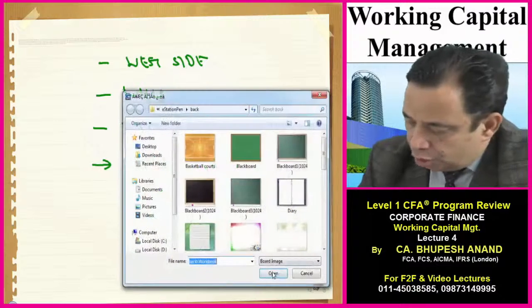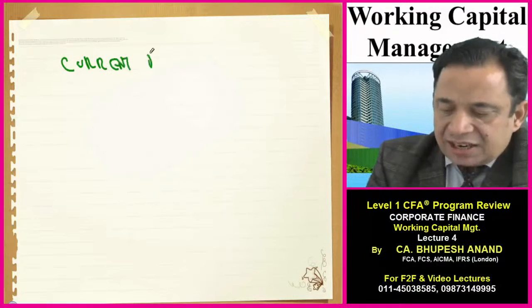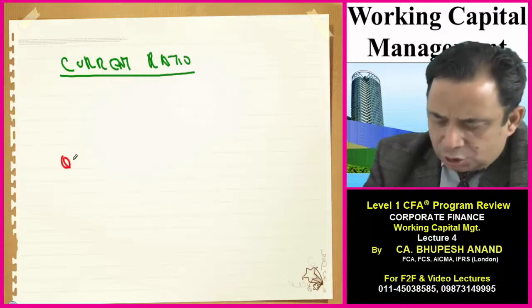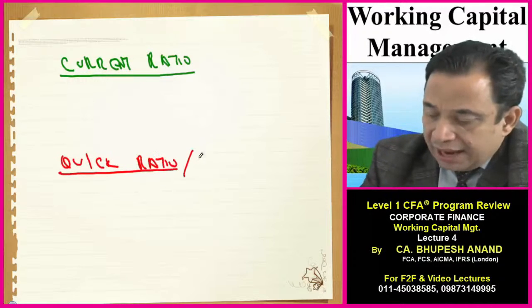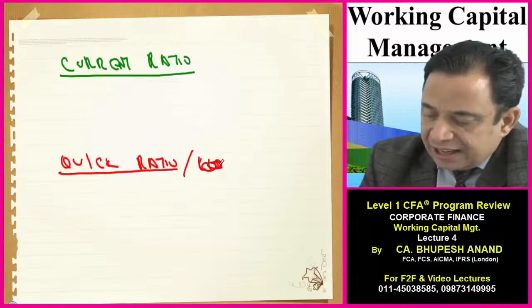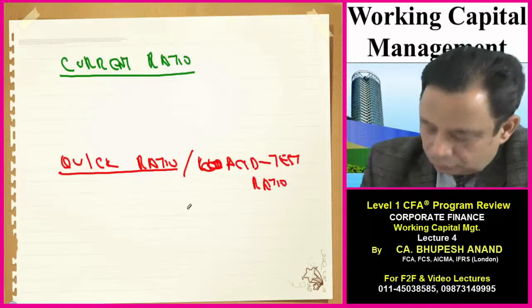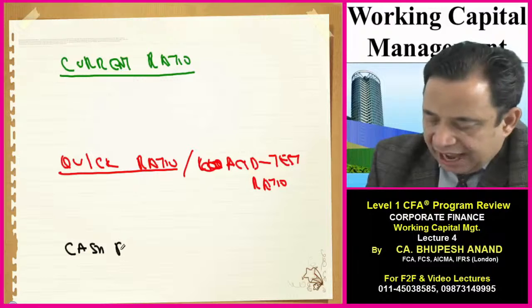The first ratio I will tell you is the current ratio, a very, very important ratio. The second ratio is the quick ratio, whose other name as per your CFA curriculum is the acid test ratio. The third ratio is the cash ratio.